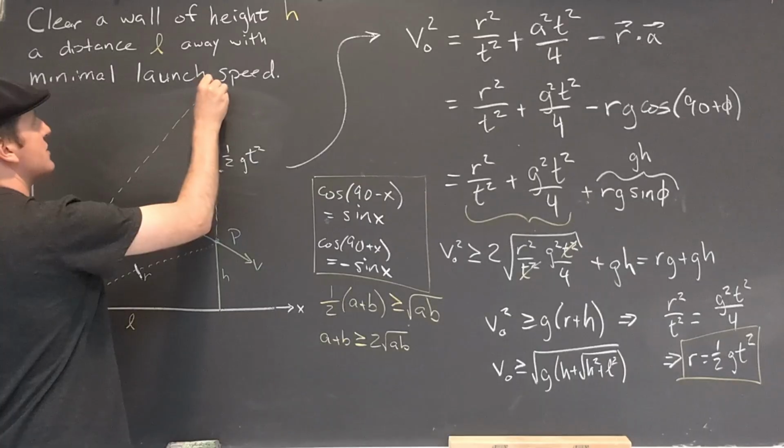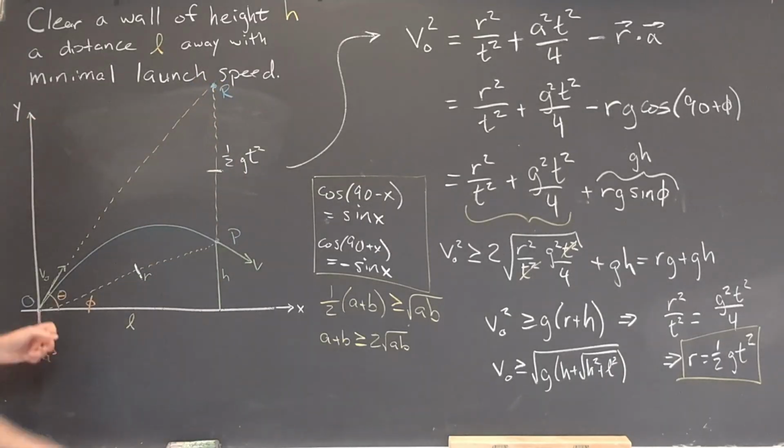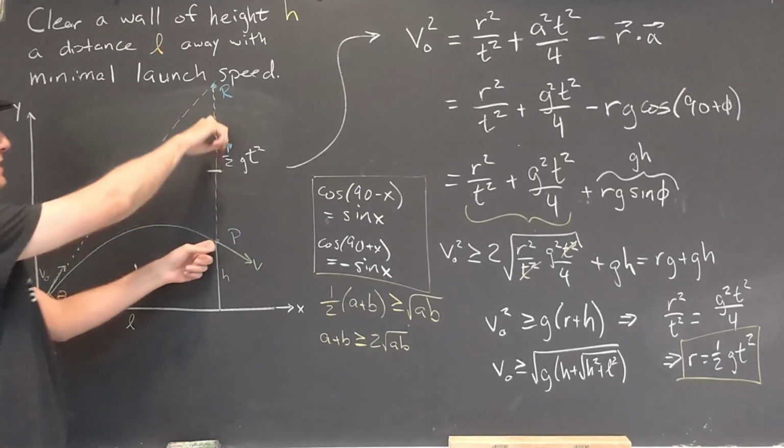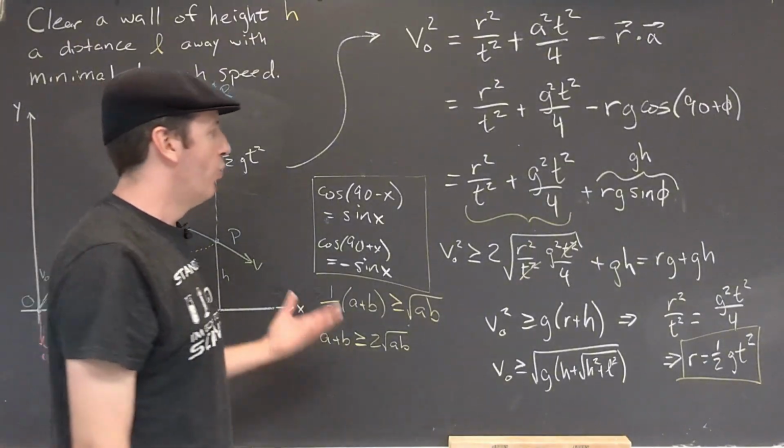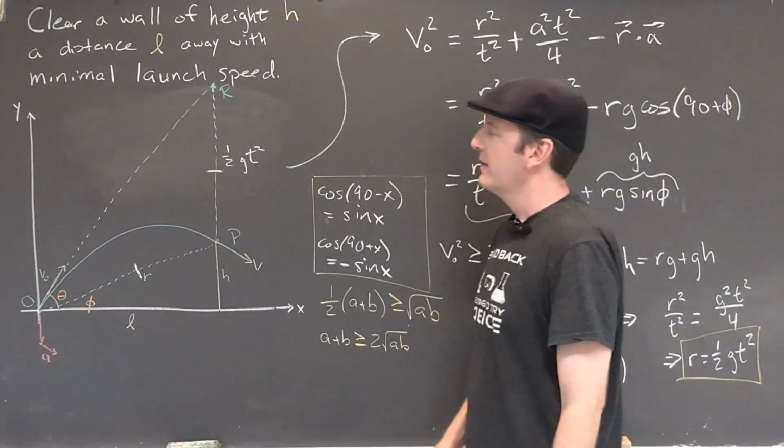Maybe I'll go ahead and call this point R. We've just shown that OP and PR are the same distance. In other words, this big triangle is isosceles. Kind of interesting.